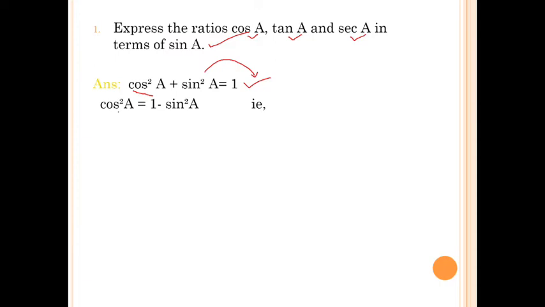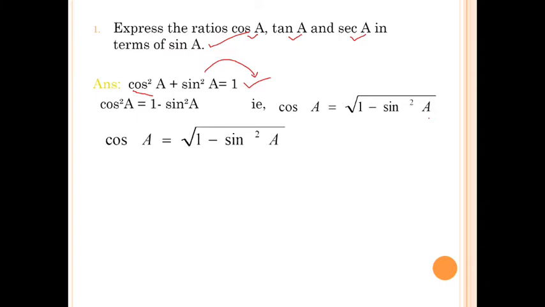Cos A is equal to root of 1 minus sin square A. So cos is represented in terms of sin, right? Cos A is equal to root 1 minus sin square A.